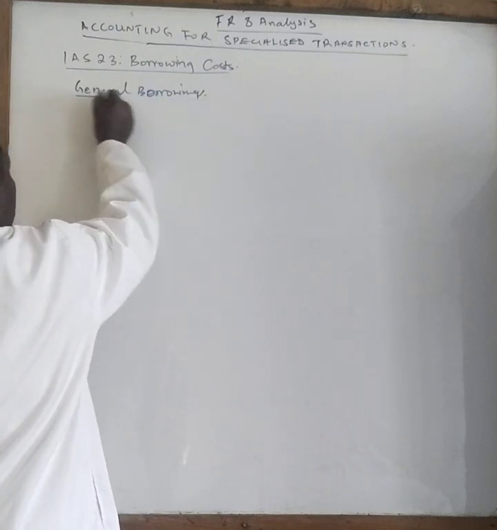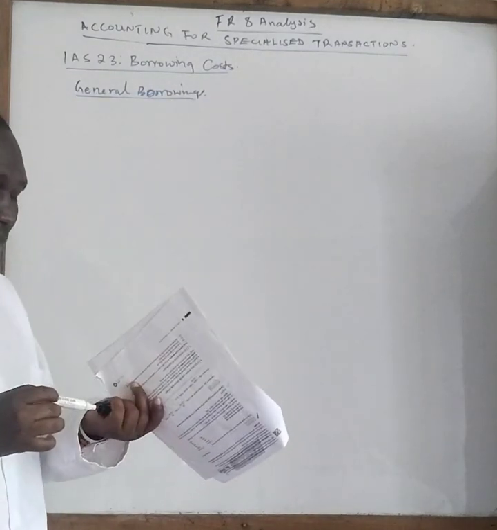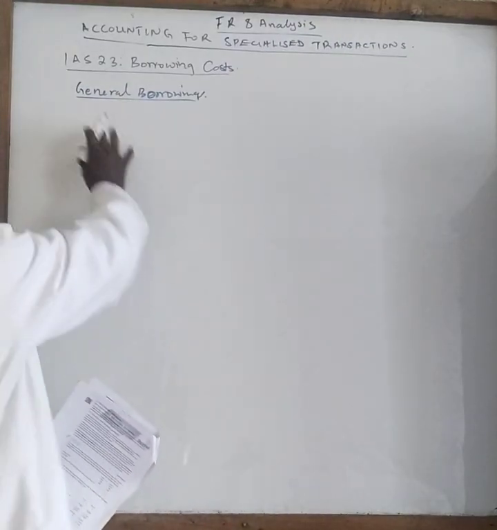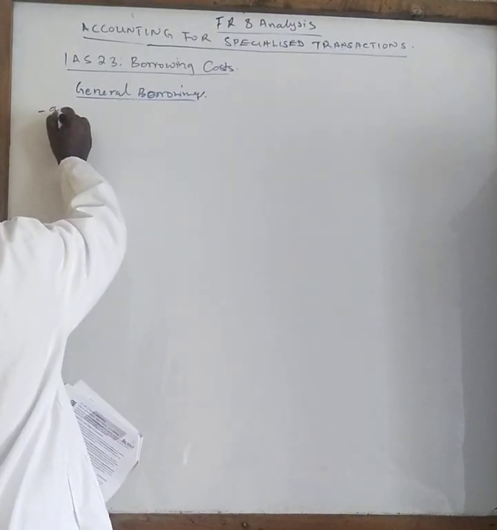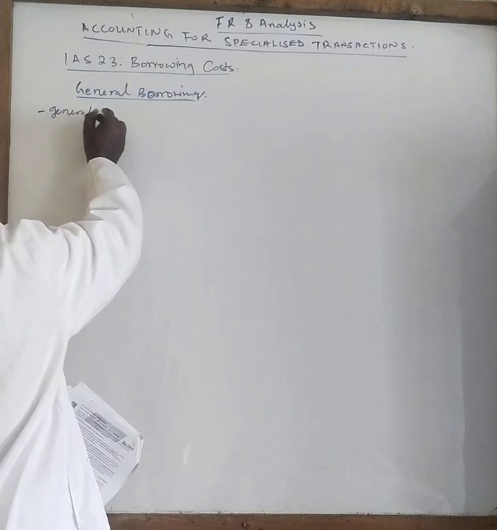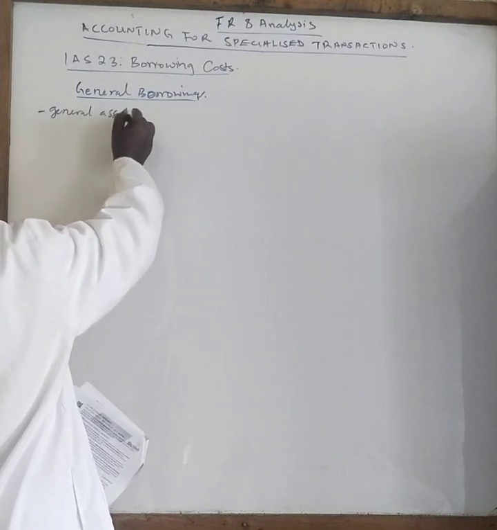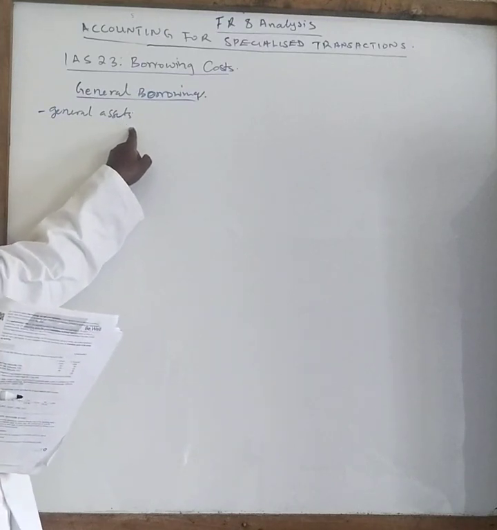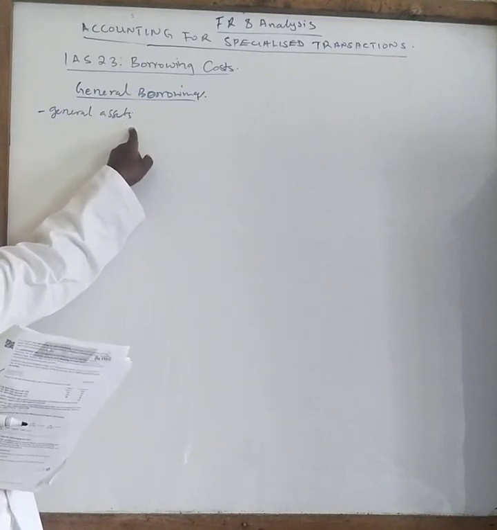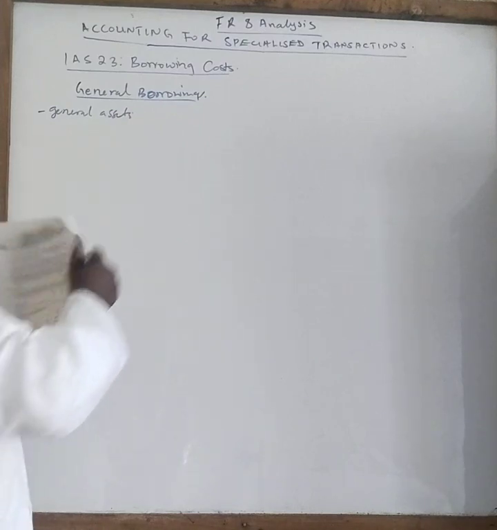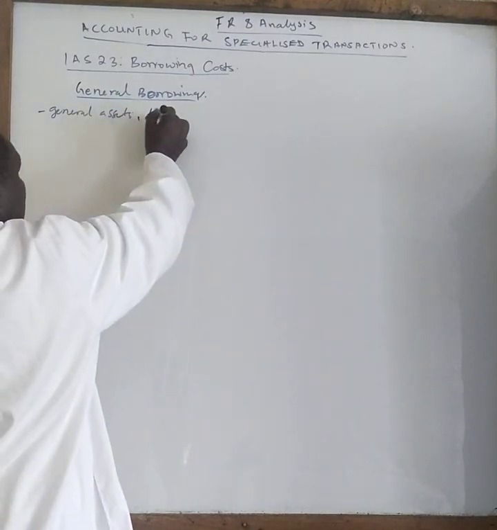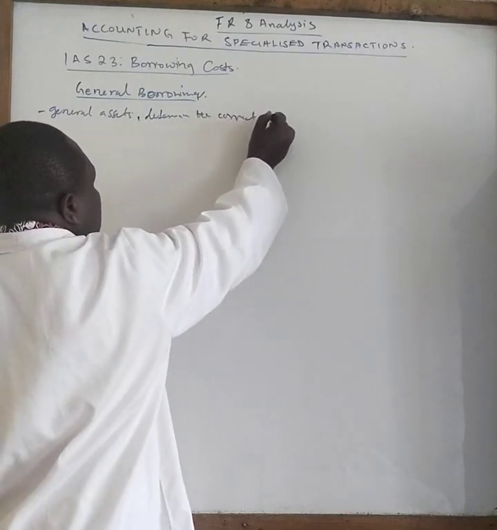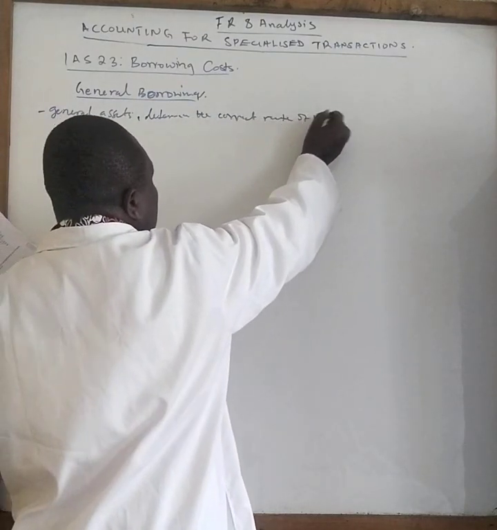Now, if you are borrowing money for general purposes, that is for general assets, for that matter, you have to determine the correct rate of borrowing cost.